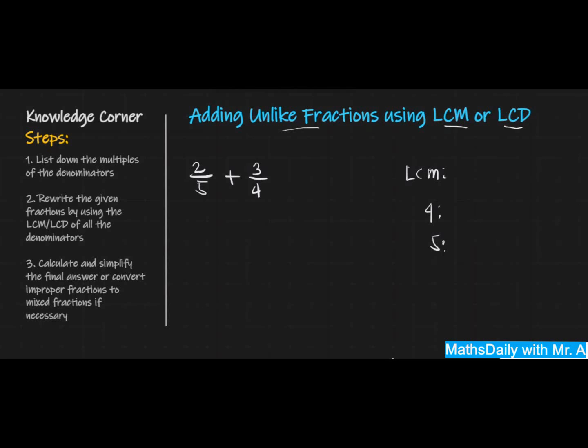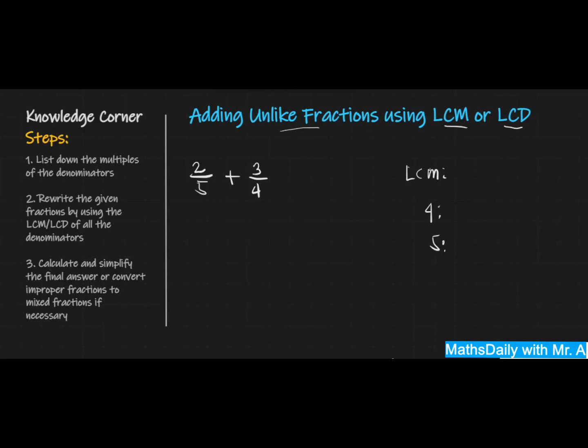The first one is list down the multiples of the denominators. The second step is rewrite the given fractions by using the LCM or LCD of all the denominators. And the third step is calculate and simplify the final answer, or convert improper fractions to mixed fractions if necessary.